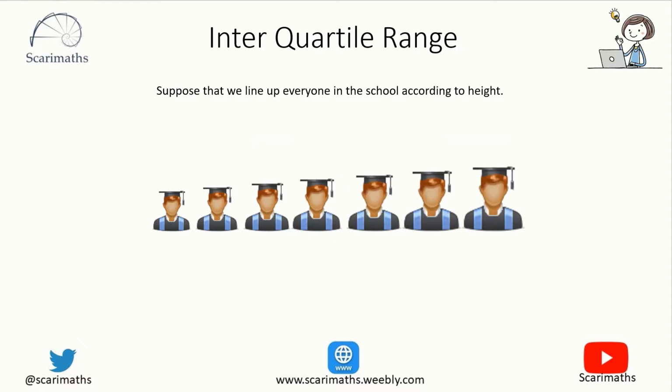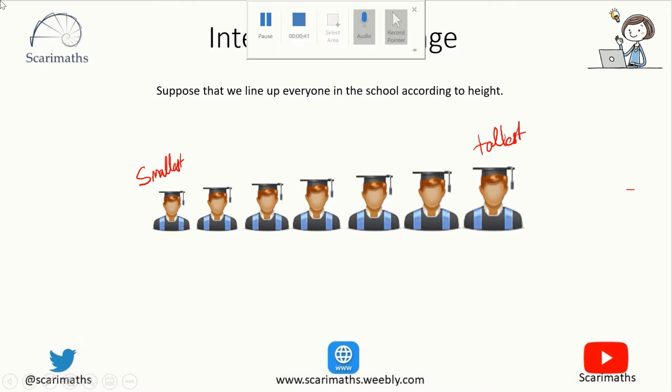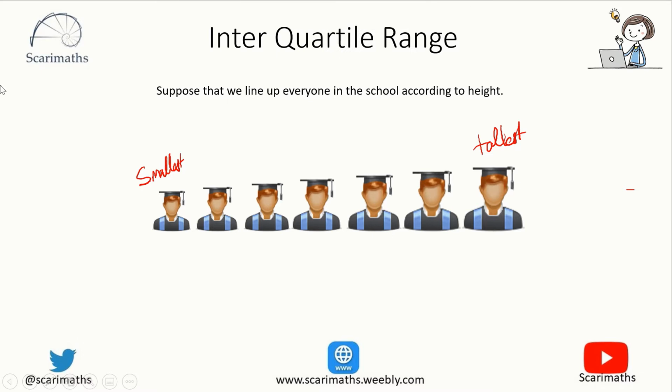So imagine that you had a class of, let's say, 7 pupils, and you put them all in order from smallest up to tallest. Hopefully you'd be able to realise that somewhere there would be a middle.